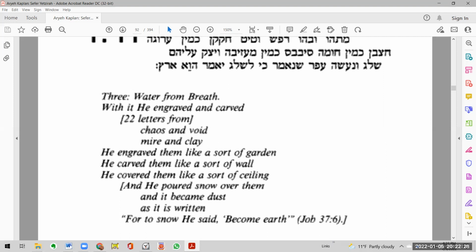In other words, it's what sort of limits Tohu. It makes it more graspable by putting a garment over it, so to speak. I guess you could say it's like throwing a sheet over a ghost, that kind of analogy. So therefore, Tohu becomes visible, more concrete, more expressed in the garment that covers it, which is called Bohu.